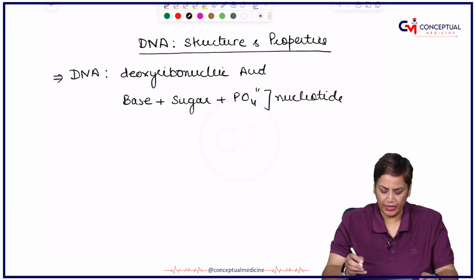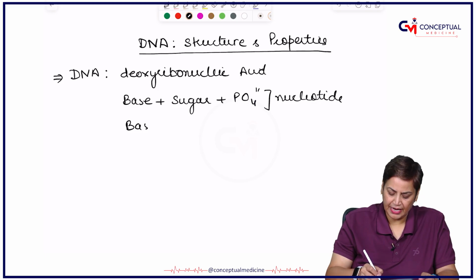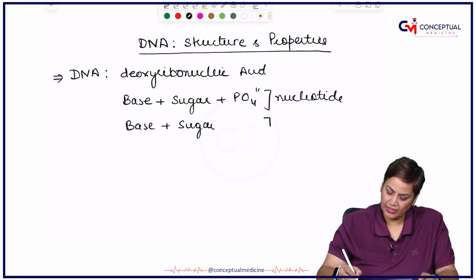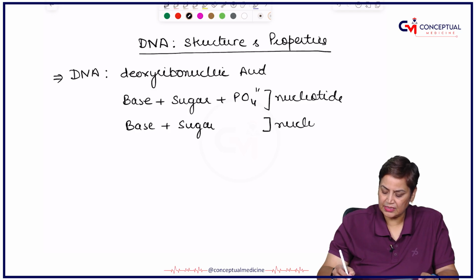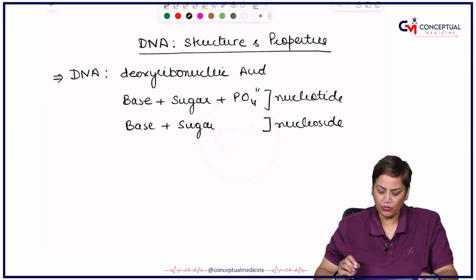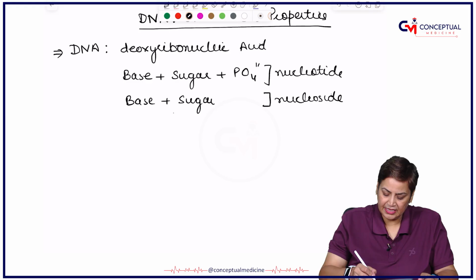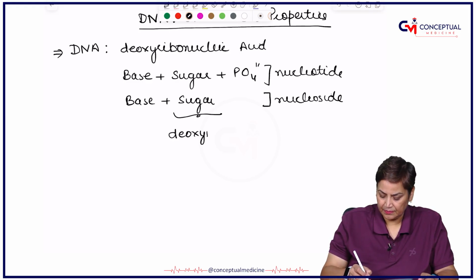But if two components are there, means base is combined with a sugar, means no phosphate is there, we will call it a nucleoside. Now if we talk about the sugar in DNA, the sugar in DNA is deoxyribose. Right?